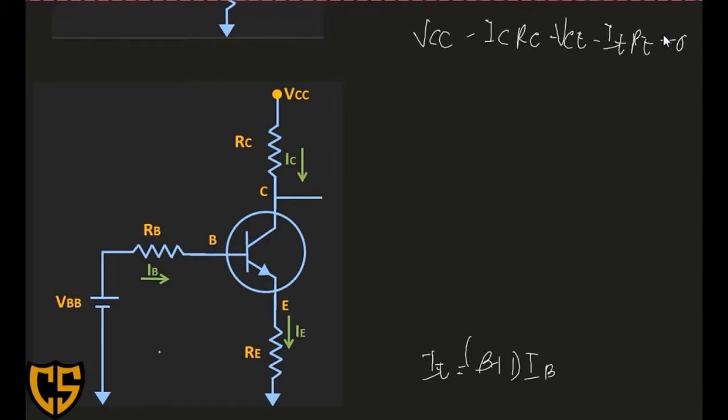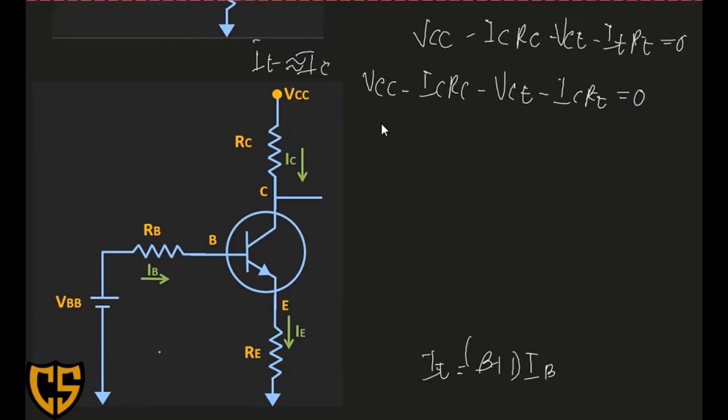Take note that your IE is approximately equal to IC. So we are going to substitute this value. We will have VCC minus IC RC minus VCE minus IC RE is equal to 0.